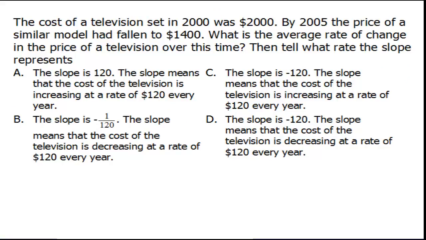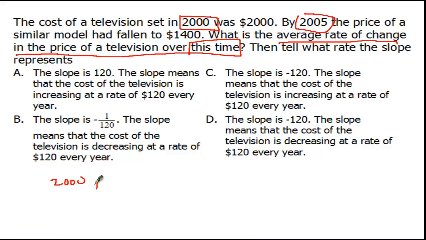Next question. So we are trying to find here the average rate of change in the price of a television over the time period 2000 to 2005. It says here that year 2000, the price is $2,000. Year 2005, the price is 1,400.